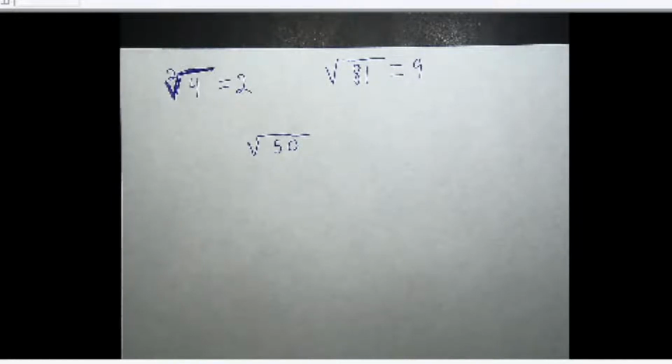Okay, so we know our squares. What is a square number that's close to 50? So something like 25. We can get closer, though. 6 squared is 36. We can get closer. 7 times 7. What does that come out to be? 49.